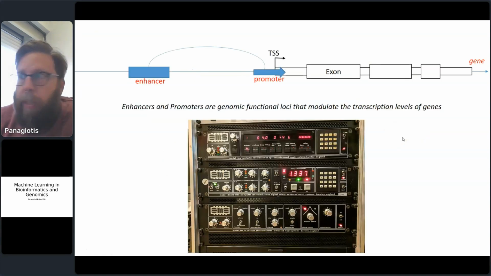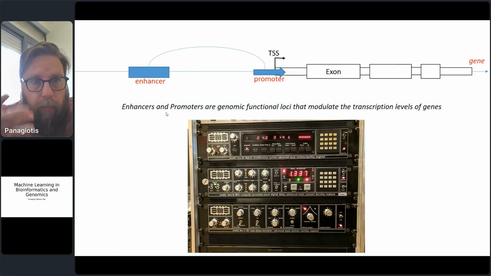So the promoter, and the enhancer, which we will not talk about today, but it's a similar but different thing, are functional locations on the genome.